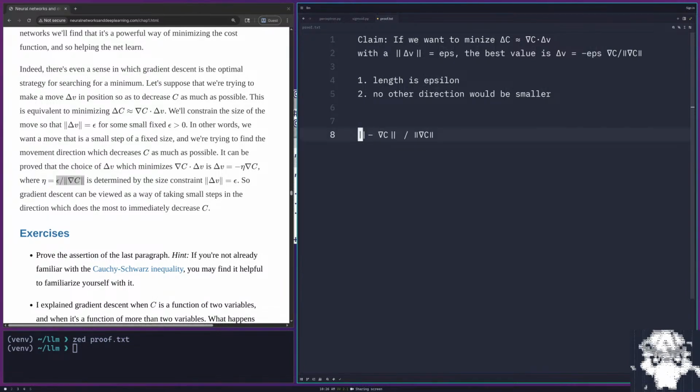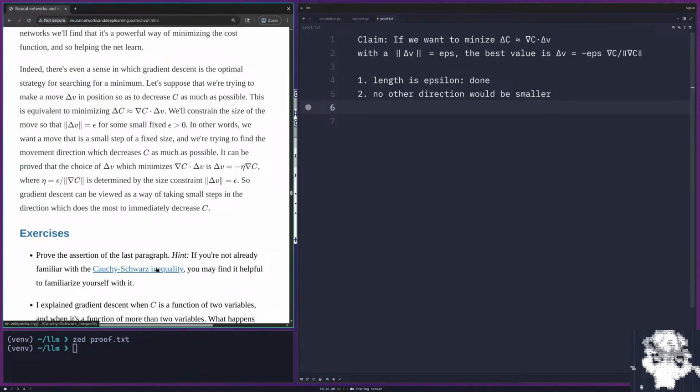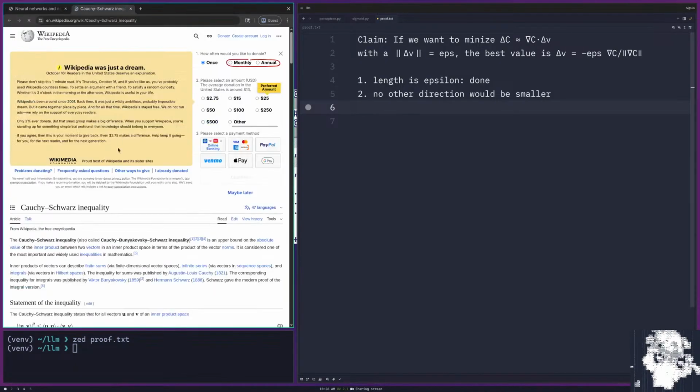I can't move the negative out of it because the negative goes away once you take a length. But yeah, the negative goes away, so I can just remove it, and then this simplifies to 1. So this is proved. That no other direction would be smaller, we're going to have to learn the Cauchy-Schwarz inequality.